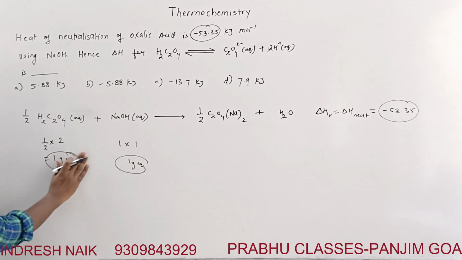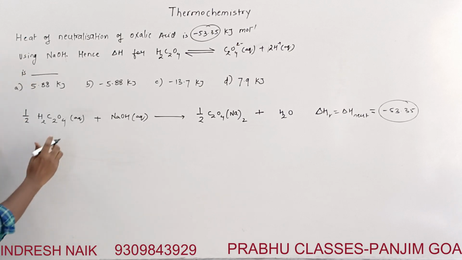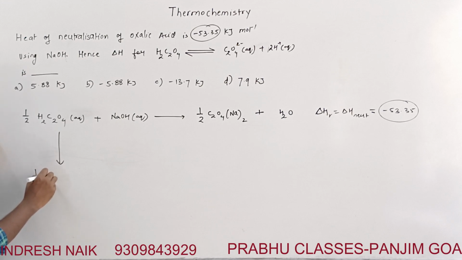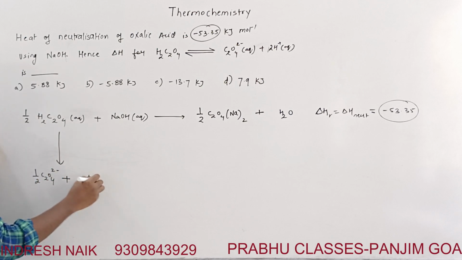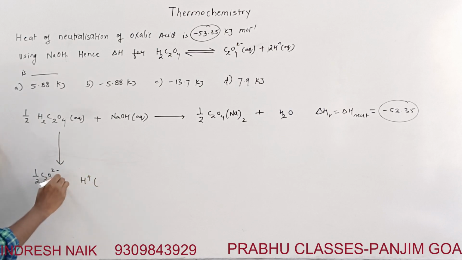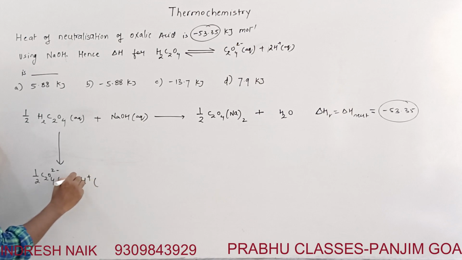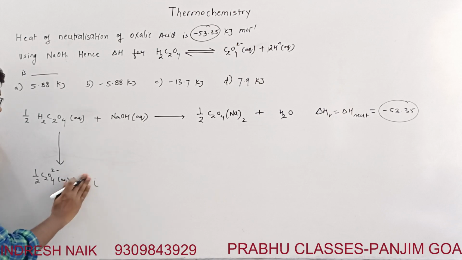So I can decide. Here what I do is I will write this way. This will split as half moles of C2O4 2 minus plus H plus. Half of H2 is 1, no? 1 H plus, aqueous. But is this the thing we were told to find out?